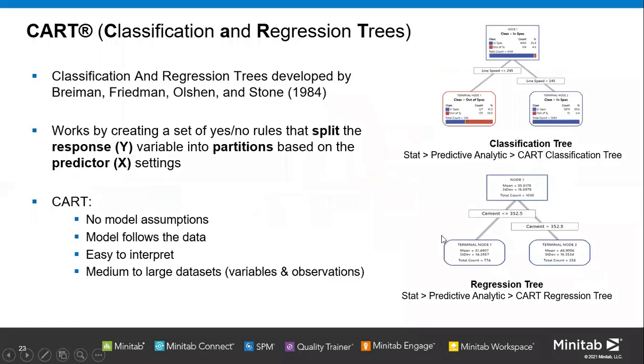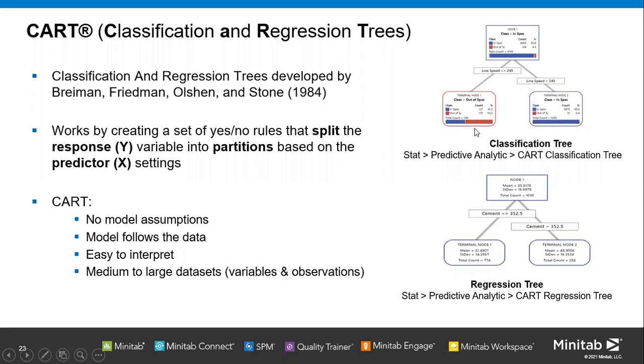Okay, so basically, a CART, or classification and regression tree, is a split. Splitting the response, our Y variable, into partitions based on the predictor, or your X settings. So you can split our data set by splitting the response into partitions based on the predictor X setting.